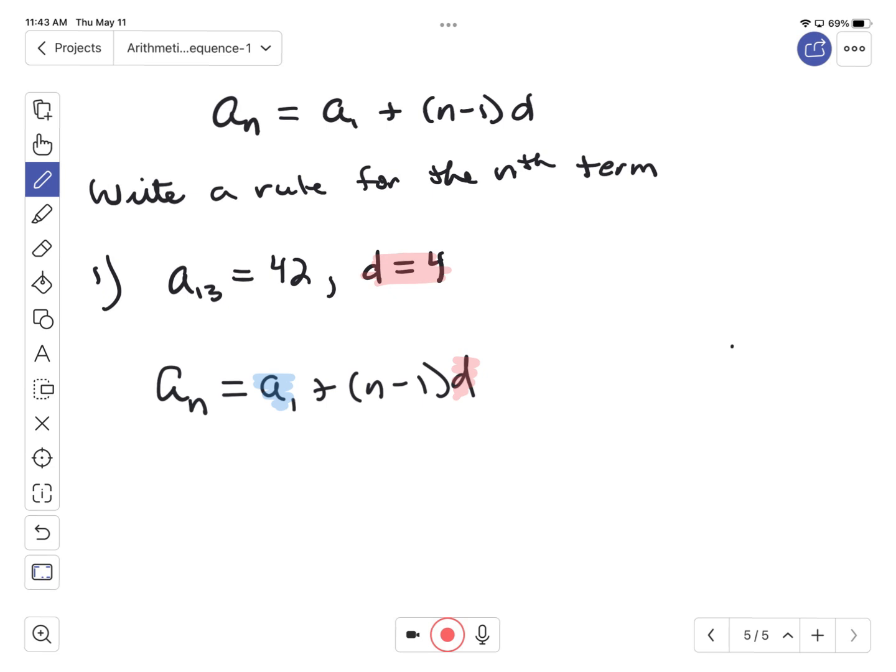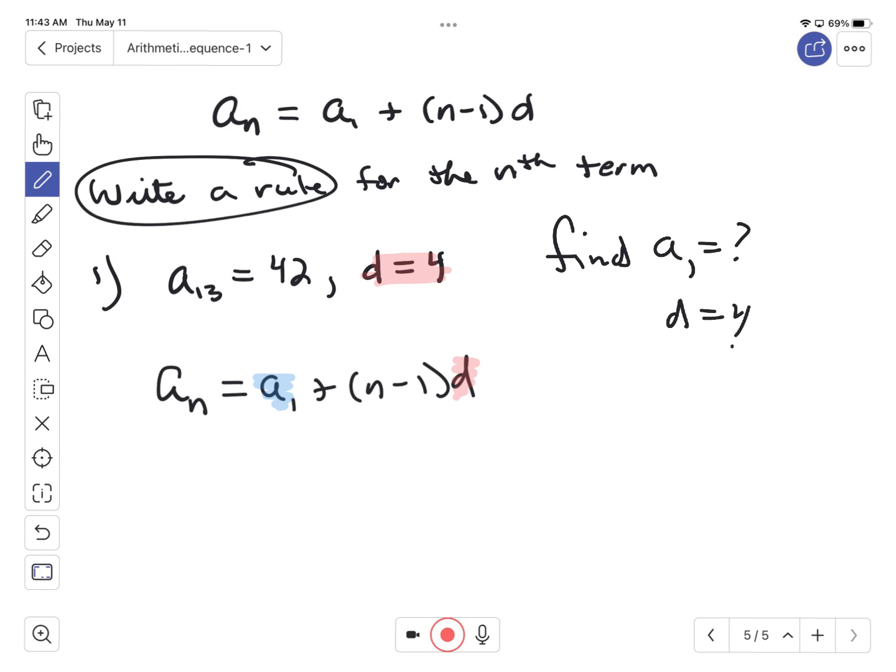So we need to find a sub 1. We cannot write a rule yet until we know what a sub 1 is and what d is. So far we know d, but we don't know a sub 1. So we're going to use this piece of information to help us find a sub 1.